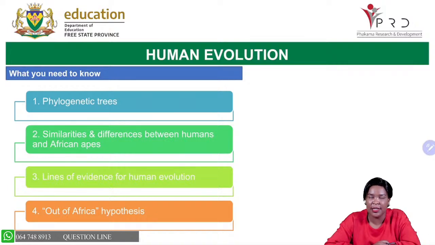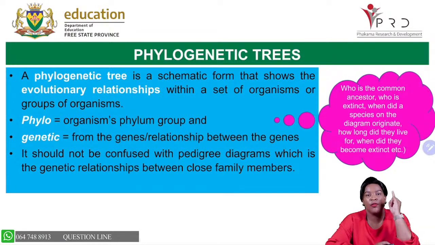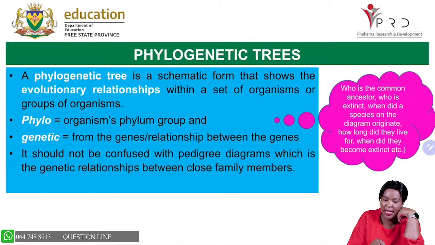What is a phylogenetic tree? I know that a question will ask you, what type of diagram is this? Some of you like to confuse the pedigree diagram with a phylogenetic tree. Please make sure that you know what a phylogenetic tree is. A phylogenetic tree is a schematic form that shows evolutionary relationships.